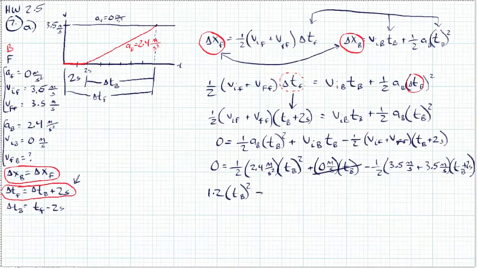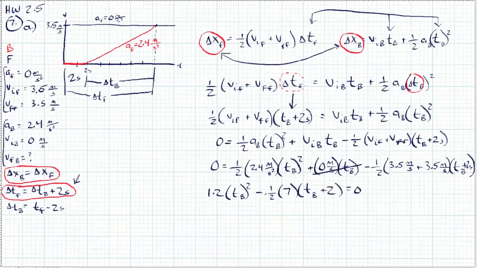Minus, well, we have a half in front of here, and we have 3.5 plus 3.5, so they basically negate each other. If we want to write it out, it would look like 1/2 times 7 times TB plus 2 seconds equals 0.